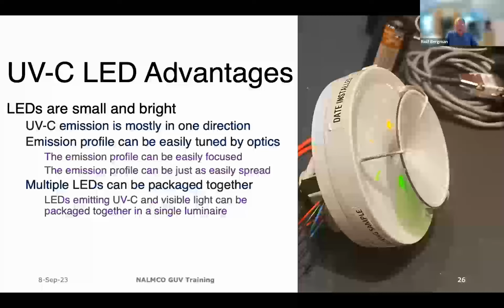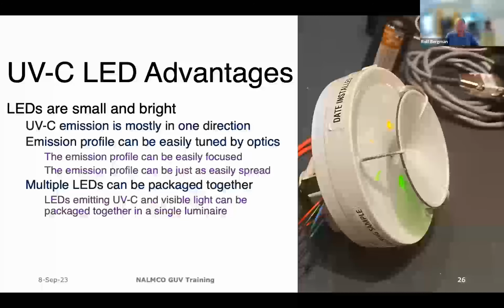UVC LEDs have some significant advantages, and it's all in one direction. The other devices that we showed, low pressure mercury and the krypton chloride lamps, are kind of isotropic emitters. They emit in all directions from the tube, and in almost all cases, we want the UVC to be emitted in one direction, in fact to be channeled into a beam in many cases, not distributed overall.